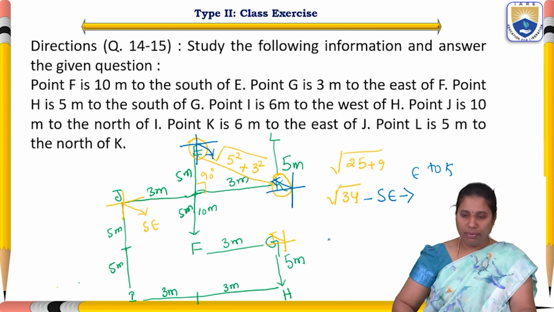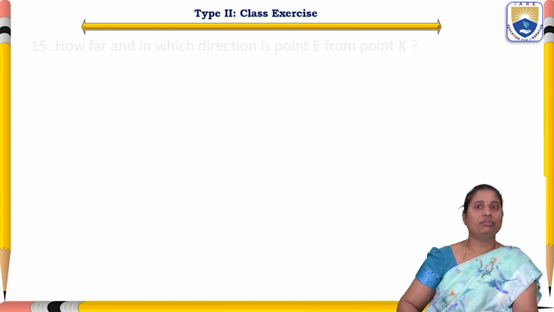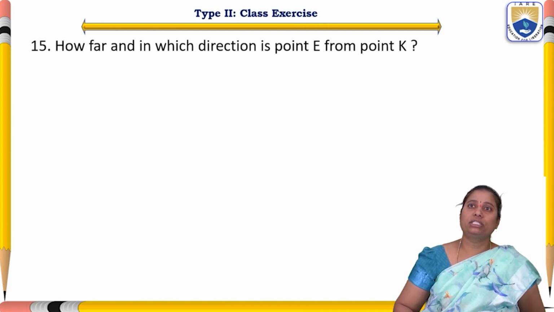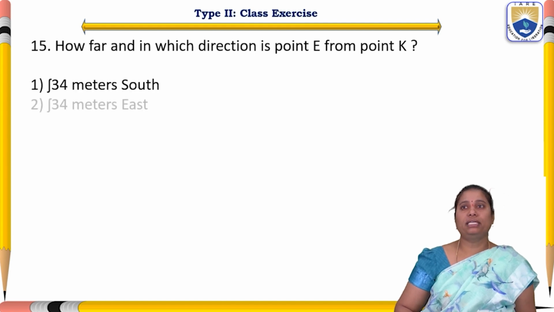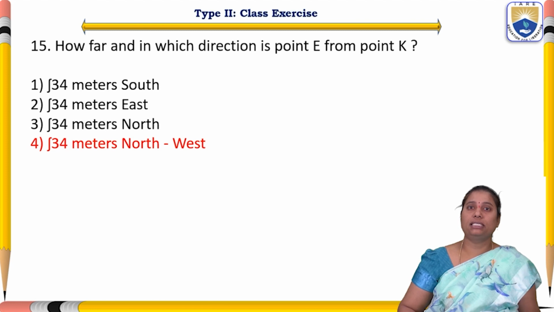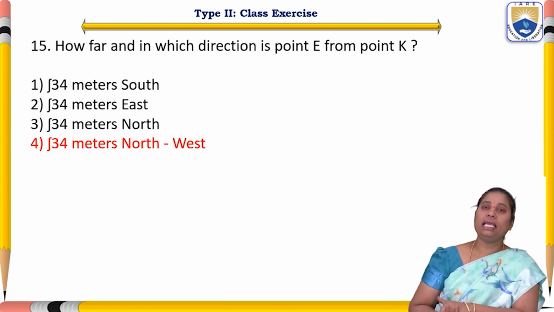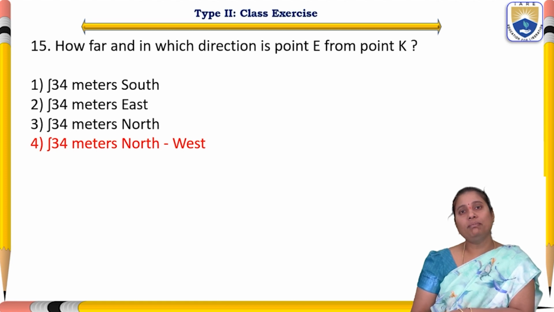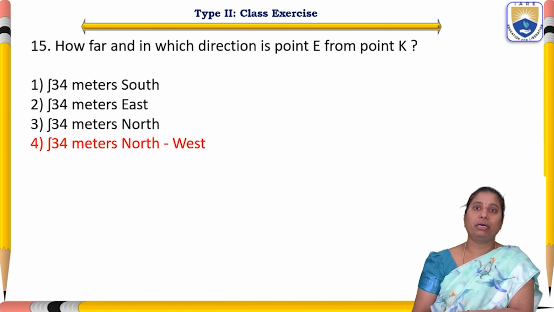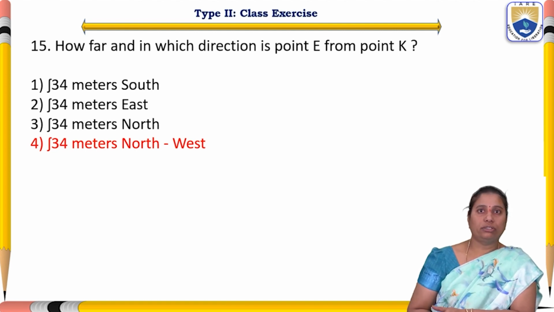Based on that, to answer how far and in which direction point E is from point K: from point K, E is at the square root of 34 meters, and E is in the northwest direction. But if the question is from E to K, the distance is the same, but K is in the southeast direction.